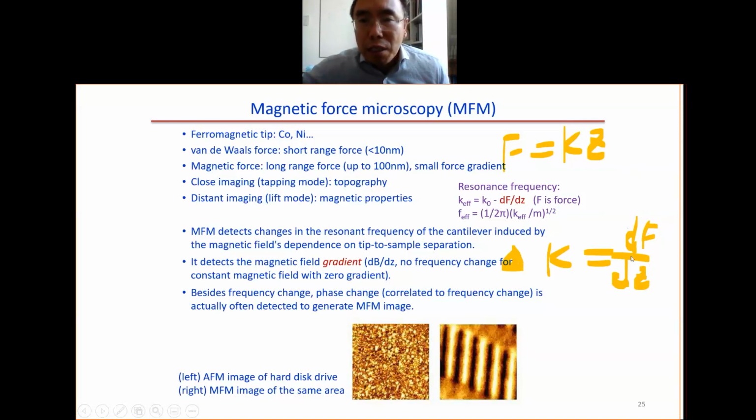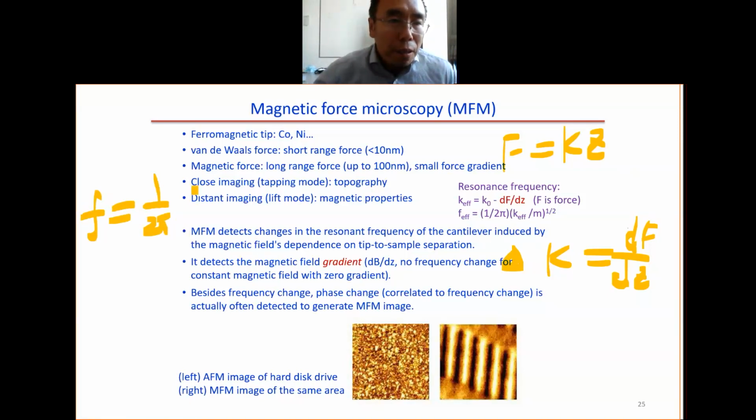This dF over dz is the change of the K induced by the magnetic field. So we know that the resonant frequency changes with the change of the spring constant, and you can detect the change of the resonant frequency.